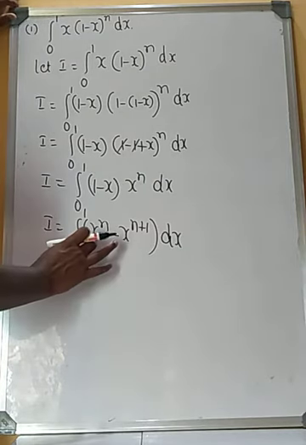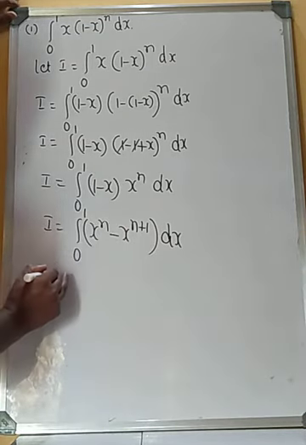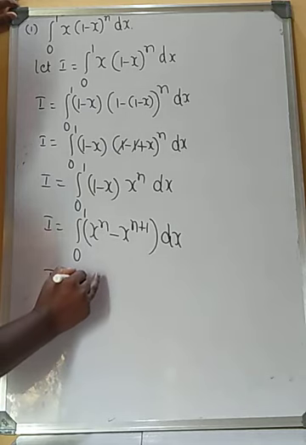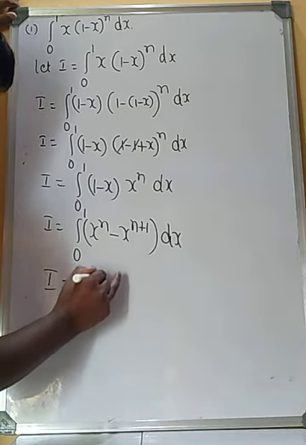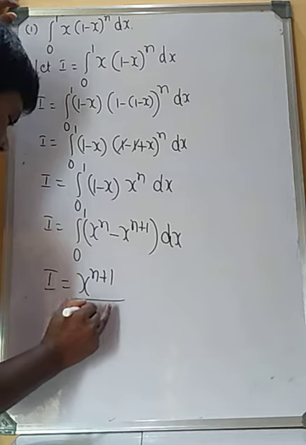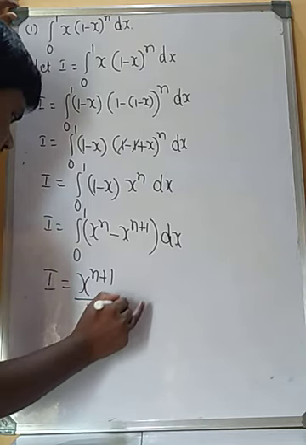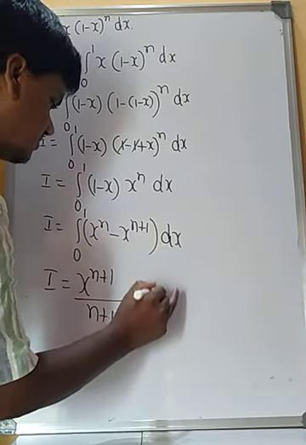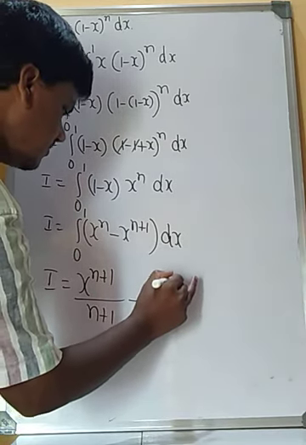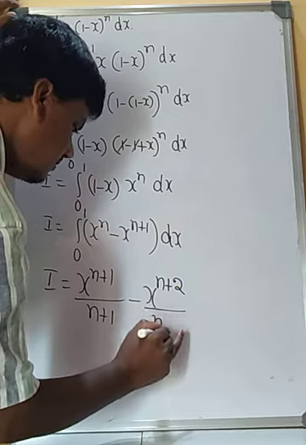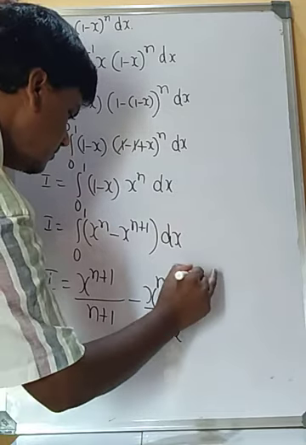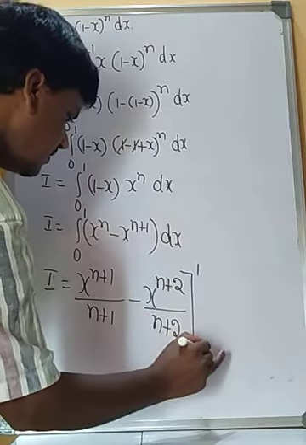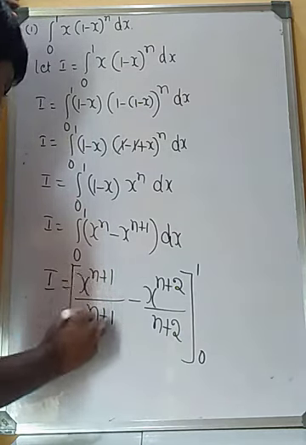You know the integral of x to the power of n, therefore I is equal to x to the power of n plus 1 divided by n plus 1, minus x to the power of n plus 2 divided by n plus 2, upper limit is 1, lower limit is 0.